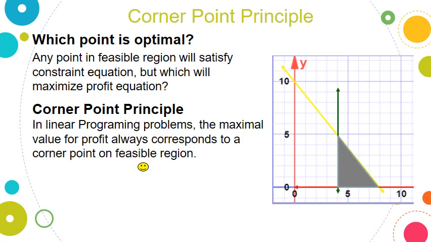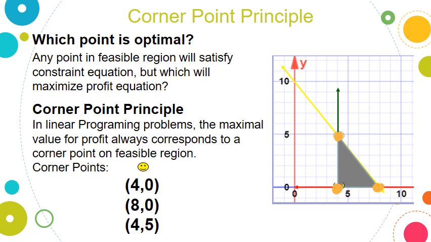So we call it the corner point principle. In linear programming problems, the maximal value for profit always corresponds to a corner point. So we identified those on the graph. We said, here's a corner point, here's a corner point, here's a corner point. So those corner points matter, okay?